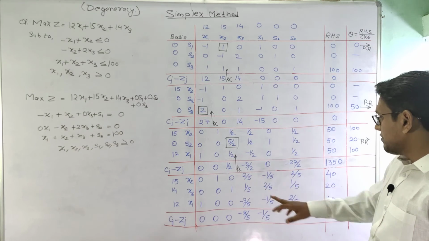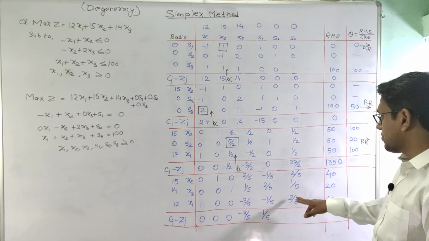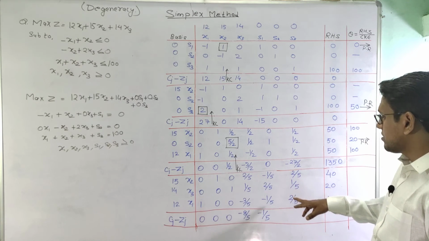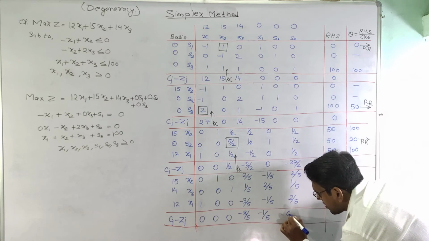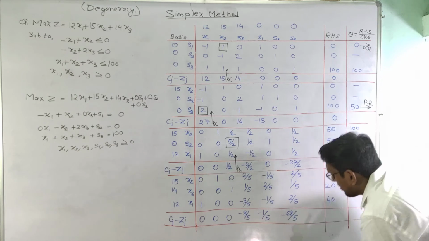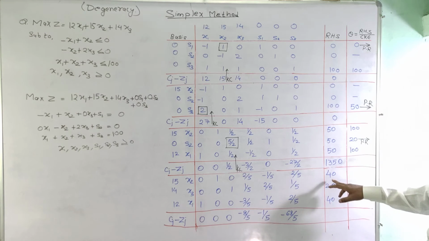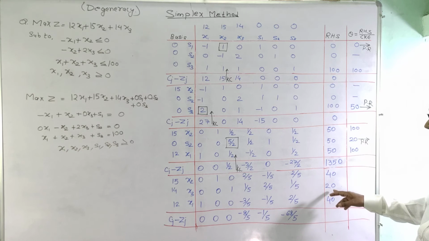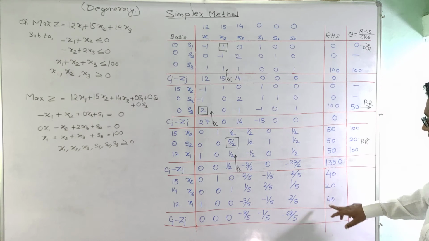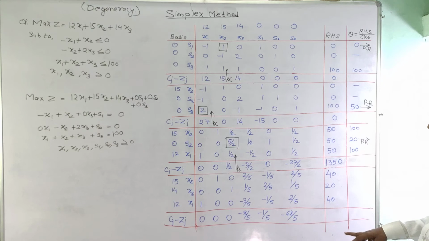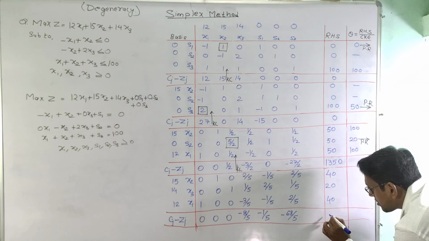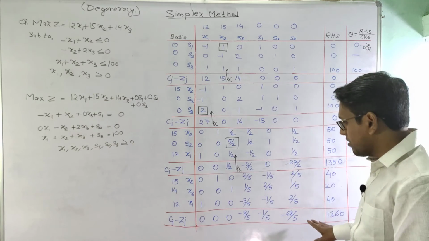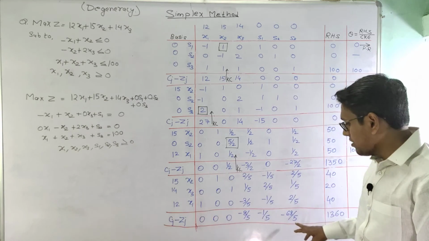This will be 15 plus 24, 30 plus 24, 54 plus 14, 68. So this will be minus 68/5, and the value of Z is coming as 60 plus 28, that is 88 plus 48, this is 136, so 1360.